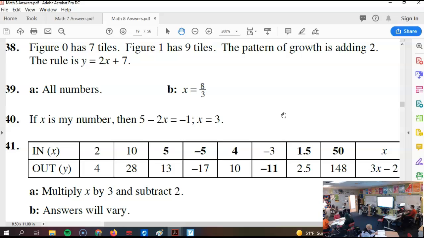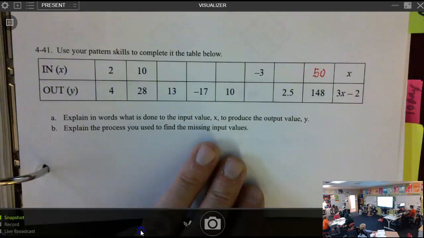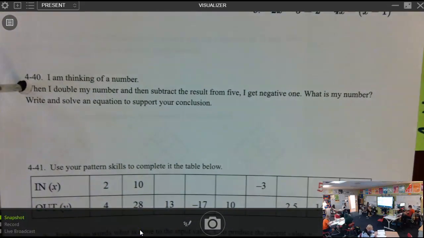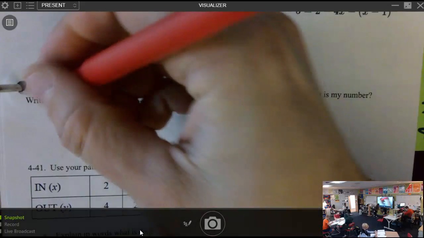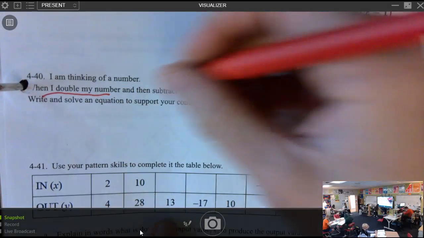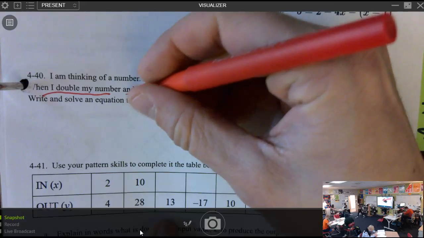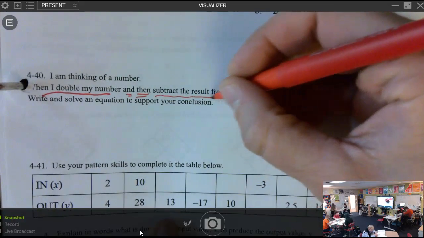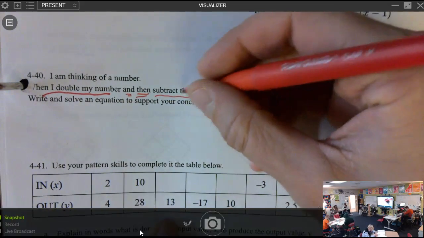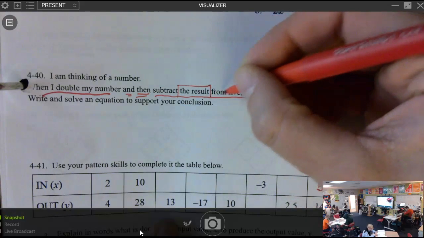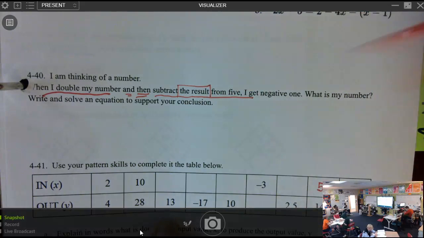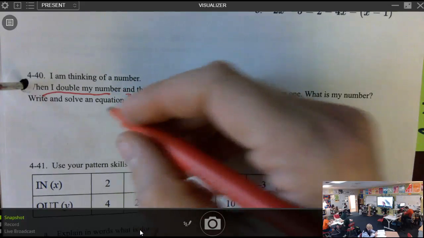Maddie. Can we do 440? Because I got 2 instead of 3. I am thinking of a number that when I double, and then, that's important, subtract the result from 5. So we took our number and doubled it.